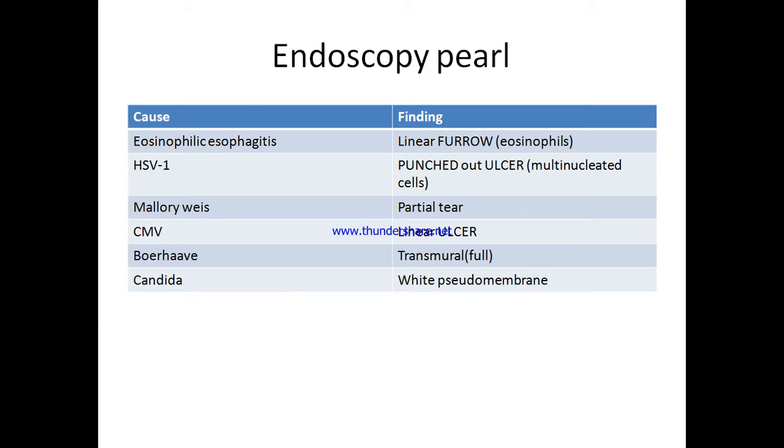And herpes simplex virus would have a punched out ulcer, and that would have multinucleated cells if you biopsy that mucosa. And Mallory-Weiss and Boerhaave syndrome are the two ends of the tears that you can have in the esophagus. Mallory-Weiss is a partial tear, and Boerhaave is a transmural full tear, which you would be detecting on a CXR by seeing air under the diaphragm.